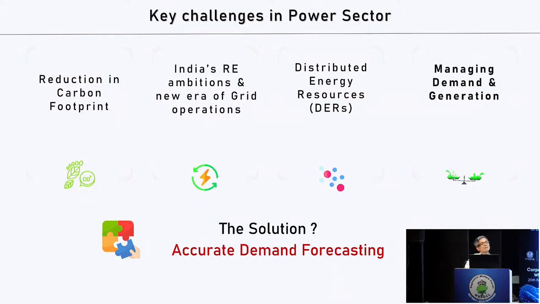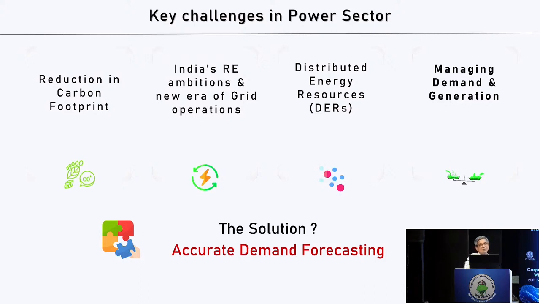Moreover, small distributed energy sources like rooftop solar are coming up. You must have heard that the government of India has a plan for 1 crore house rooftop solar, 1 crore, 10 million houses plus.